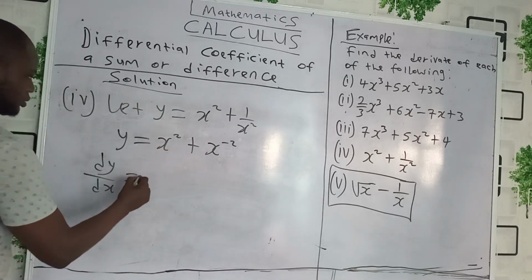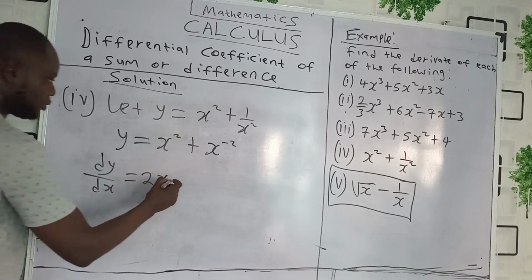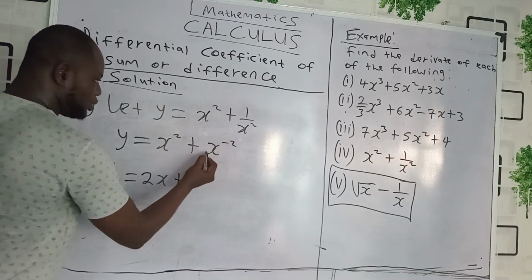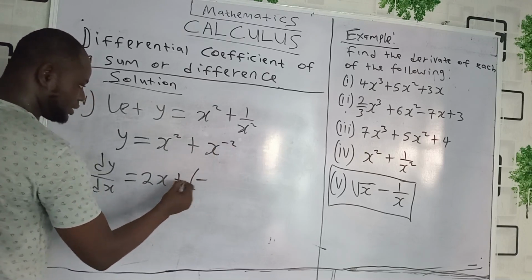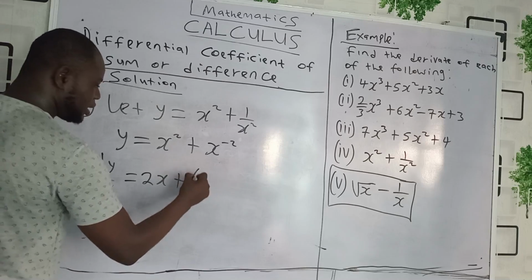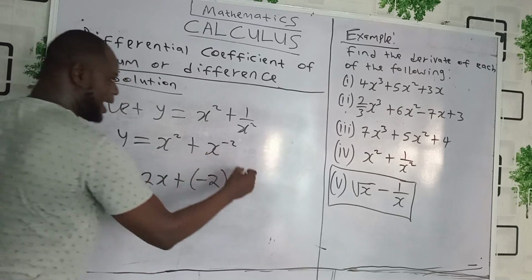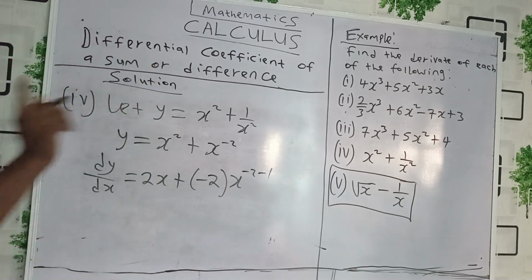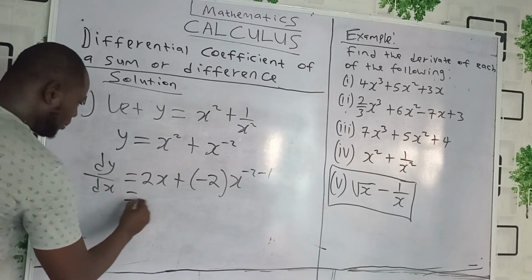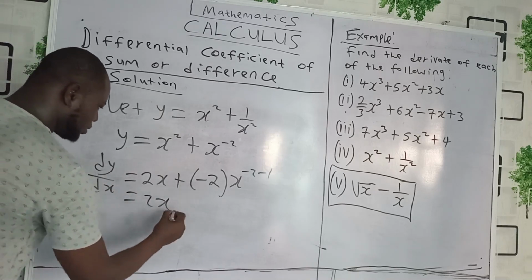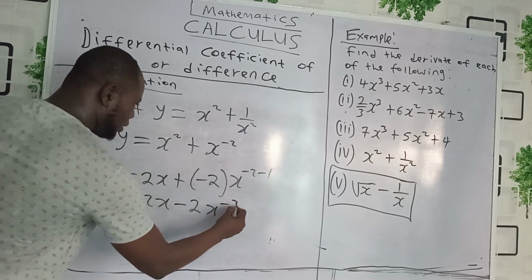2 times 1, 2. Then x raised to power what? 2 minus 1, 1. You leave it, beautiful. Plus, the coefficient here is 1 as well. Minus 2 times 1. Because of this minus, you have to put the bracket, plus, in bracket, minus 2, x raised to power minus 2 minus 1. Don't forget, you have to subtract 1 from the power. That's the rule, okay? This one will now become 2x plus minus 2, then x raised to power minus 2 minus 1, minus 3.